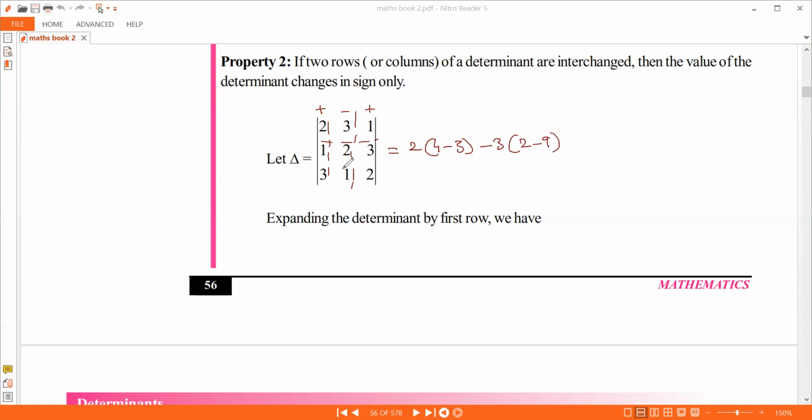Plus 1 into 1 minus 6, right? So you see 2 into 4 minus 3, 4 minus 3 is 1, so this part is 2. Minus 3 into 2 minus 9, that is minus 7, minus 7 into 3, so that is plus 21. Here 1 into 1 minus 6, that is minus 5.